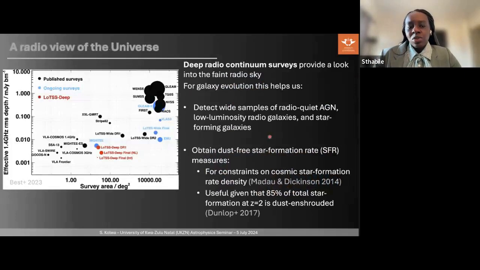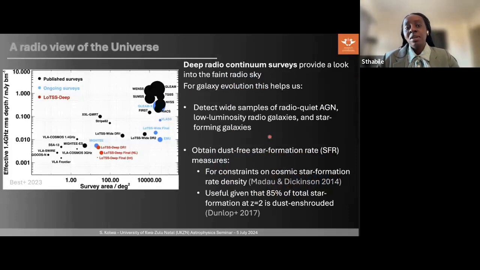So within radio continuum surveys, essentially, we are tracing active galactic nuclei host galaxies as well as star-forming galaxies at the most basic level. So this allows us to gain insights into both nuclear activity and star formation rates.